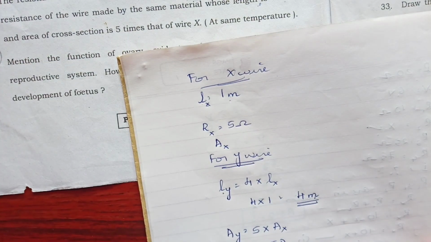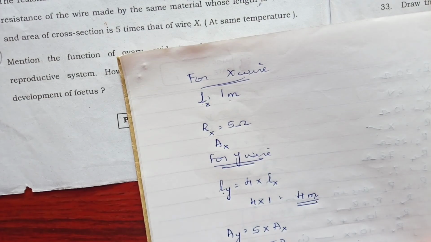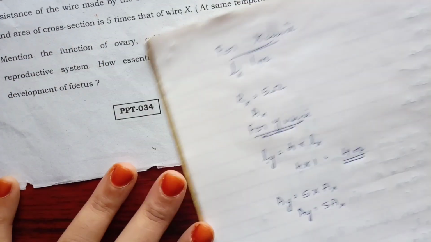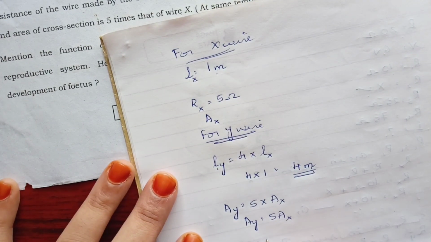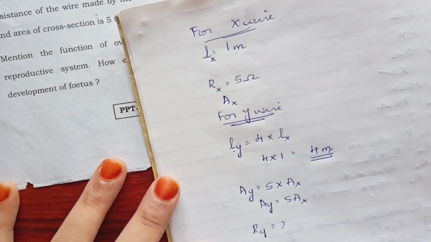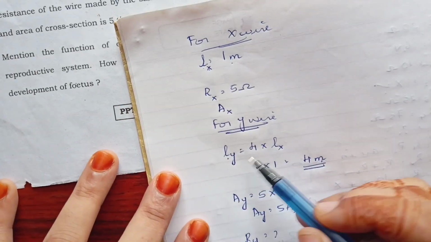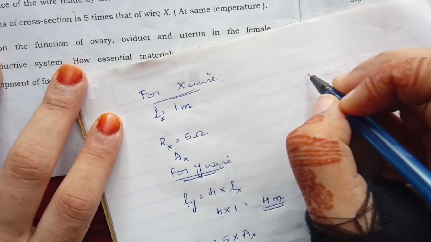Now going forward, we are supposed to solve this, right? We need to find the value of this Ax and the resistance of the second wire. So calculate the resistance, we need to find Ry as well. For solving, we have got L, we have got R, and something is missing down here.